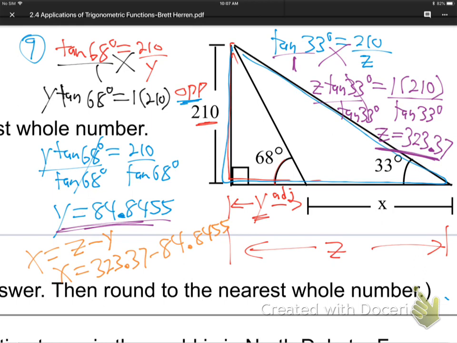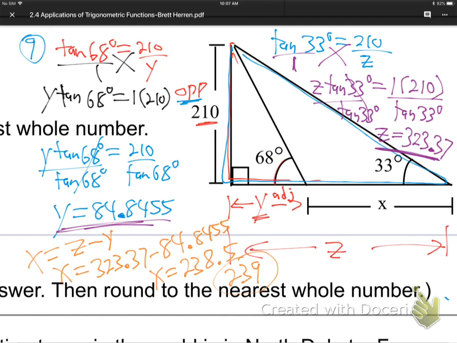And I'm getting 238. Oh, they want a whole number. I get 238.5, so that'd round to 239 for X. 239.